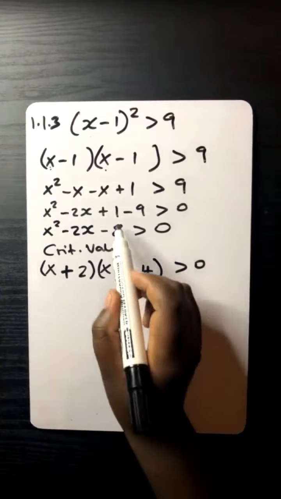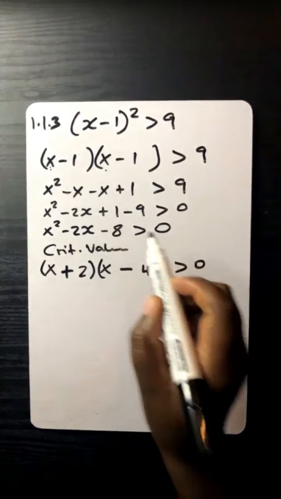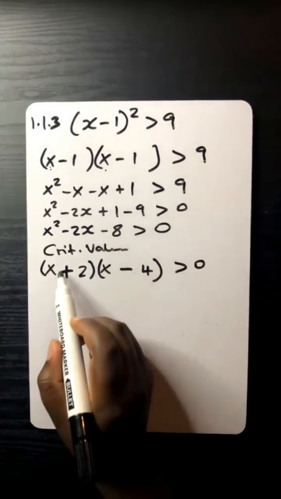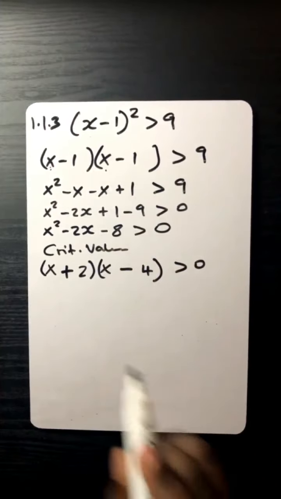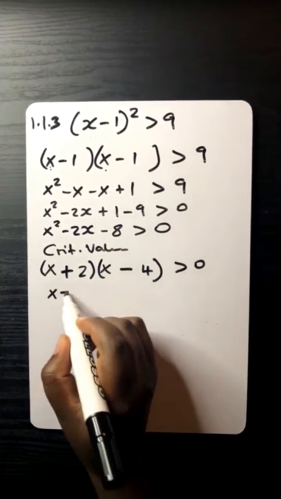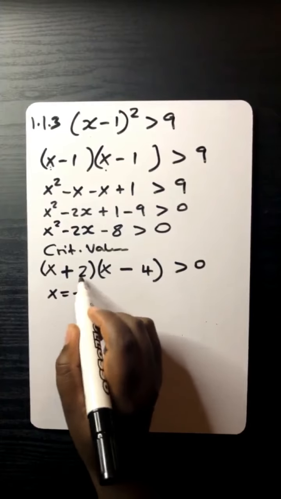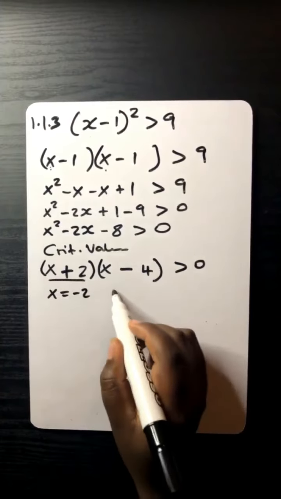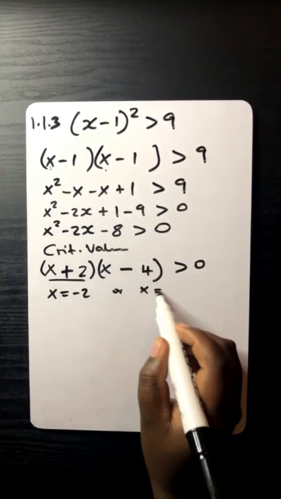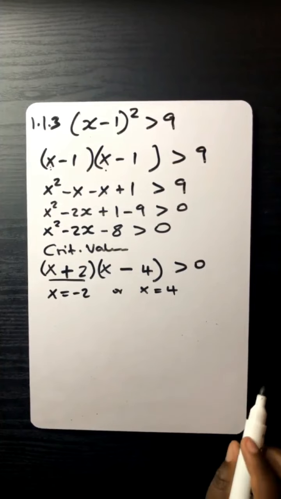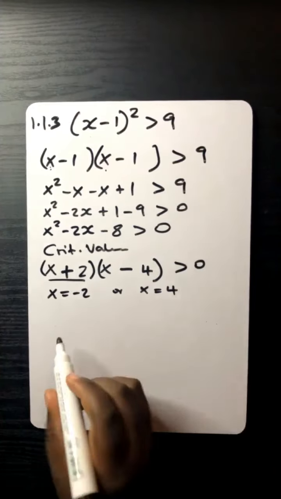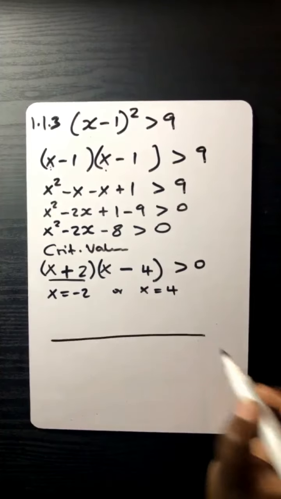Because the c value is negative. If the c value was positive, we would just have negative values. So guys, the critical values: x equals negative 2, or x equals positive 4. So ladies and gentlemen, you need to present your critical values on a number line.